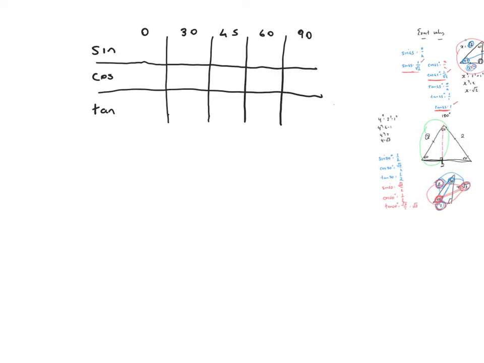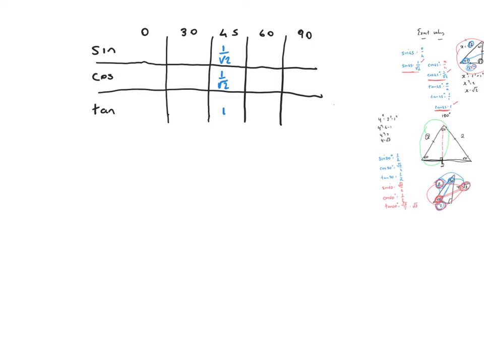Okay, so the first one, sine 45, well, that was 1 over root 2. And then cos 45 was 1 over root 2. And then tan 45 was equal to 1.